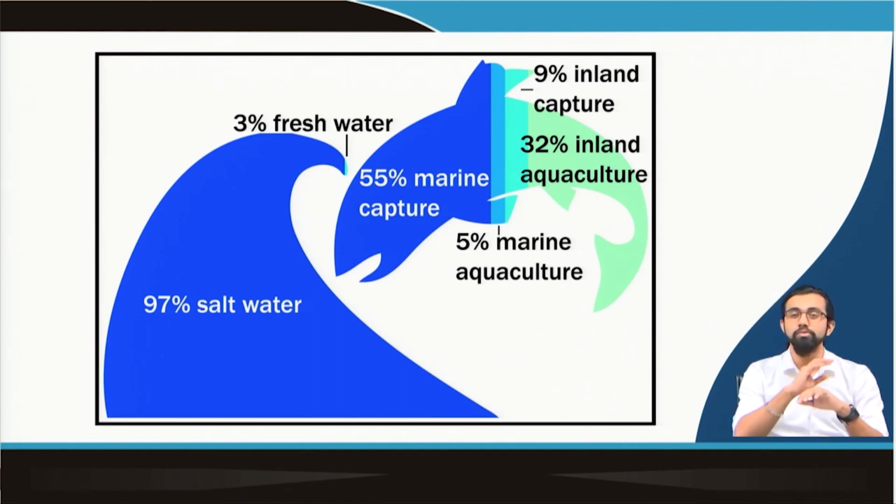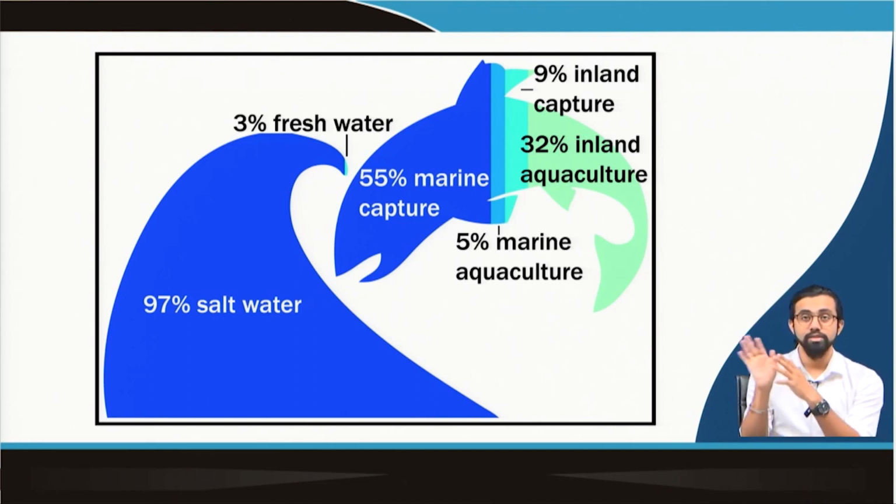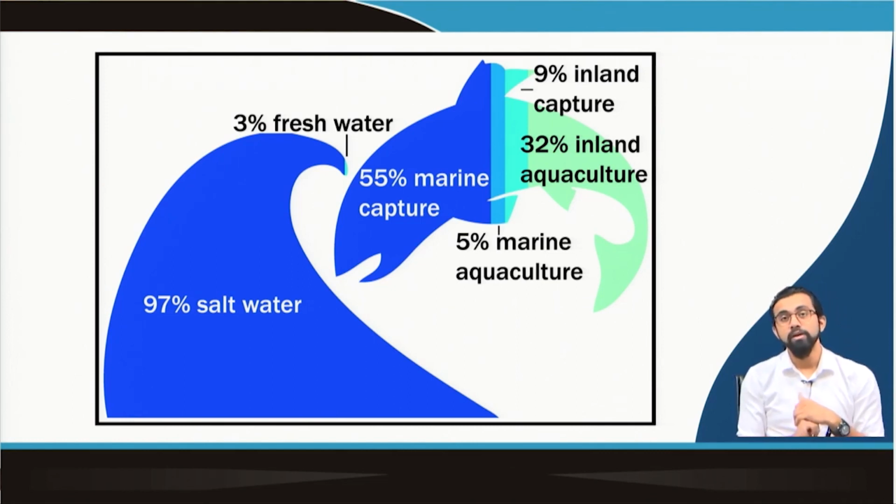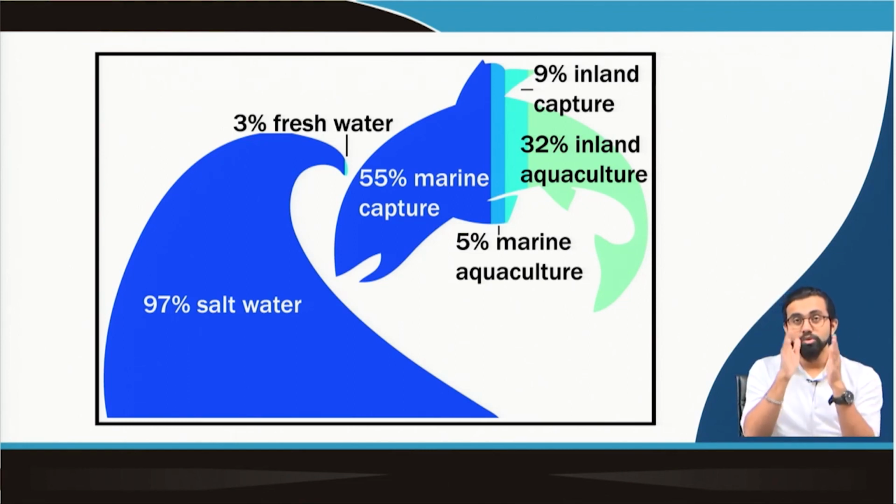If you see this in a world scenario, in this particular picture, 97% of the water is salt water and 3% is fresh water. However, almost 55% is marine capture, coming from the salt water, 32% is coming from inland aquaculture, 9% from inland capture fisheries, and a total of 5% from marine aquaculture. So 9% capture and 55% marine capture makes almost 64% capture fisheries, and the rest should be 36%.